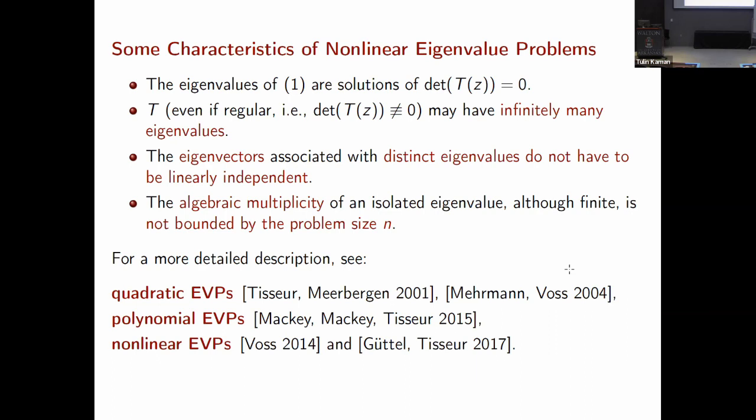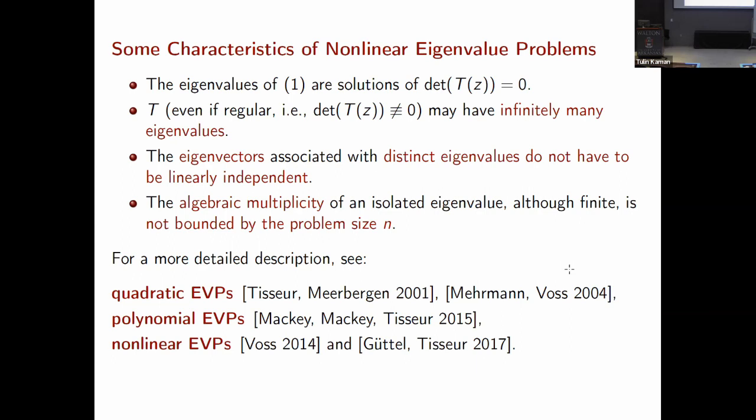But we also know that past the size of 2 by 2 or 3 by 3, calculating the eigenvalues through the determinant is not really the way to go. Another thing: even if T is regular, so that the determinant of T of z is not explicitly 0, we may have infinitely many eigenvalues. And that's the case I have shown you for the general nonlinear eigenvalue problem.